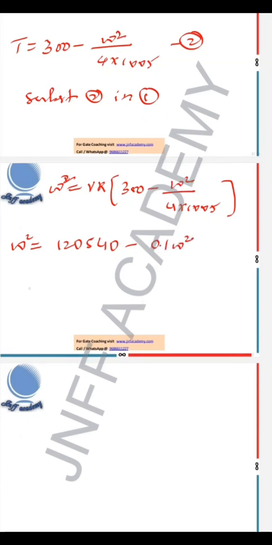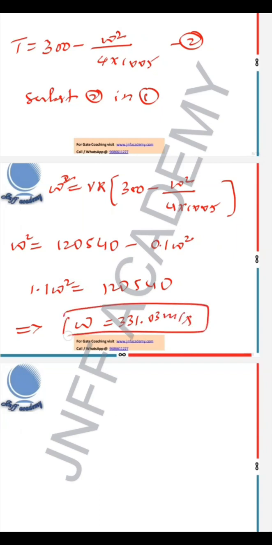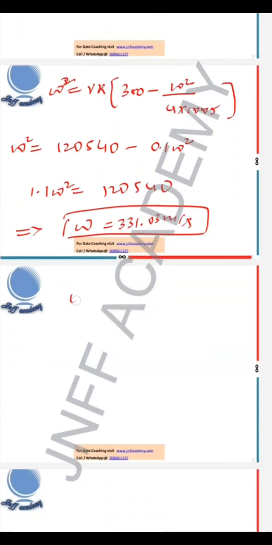When you take this W square to this side, we get 1.1 times W square is equal to 120540. From here, taking the square root, we get W as 331.03 meter per second.